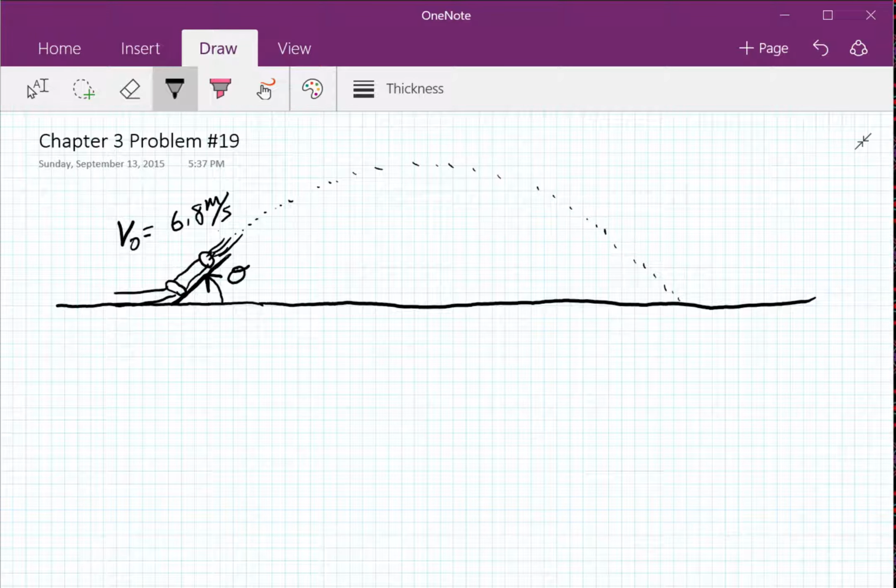And I'm going to state that the initial position is 0 meters. And they specify that the final position, the distance that the water travels horizontally, is 2 meters. So x final will be 2 meters.